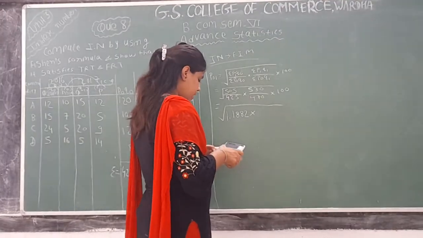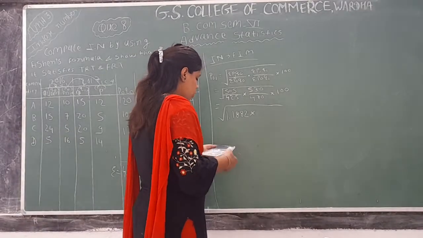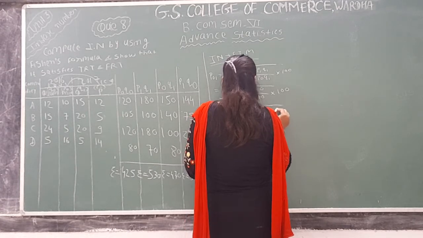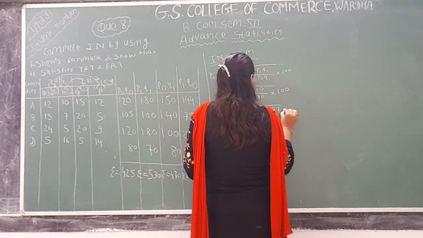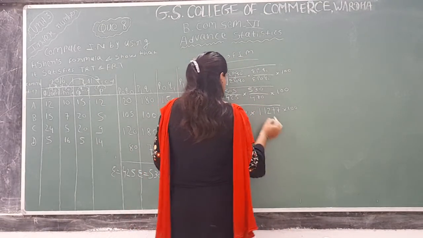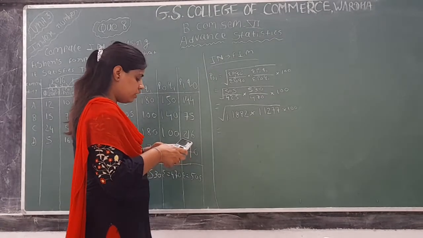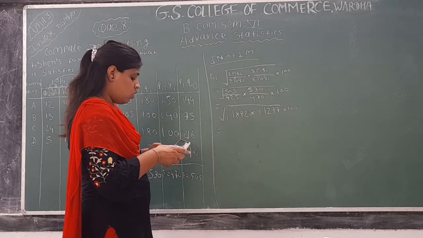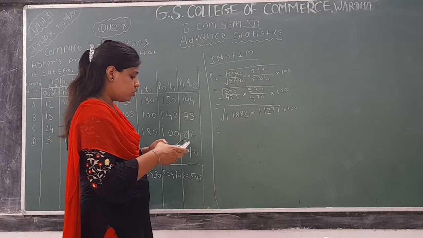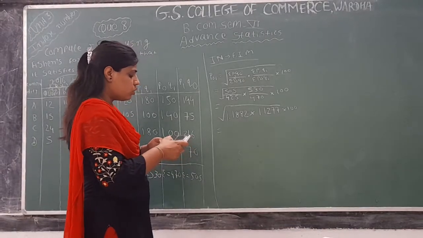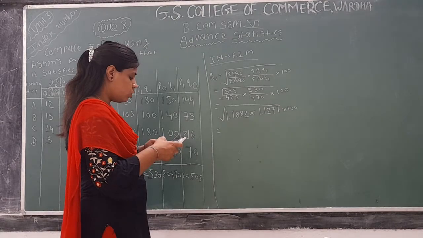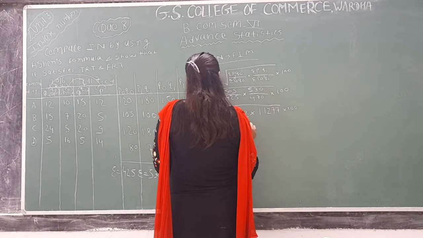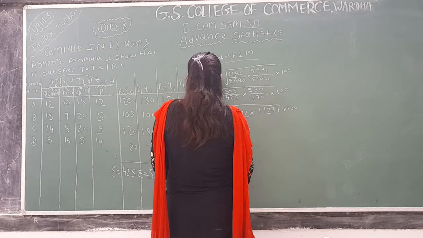530 divided by 470 comes to 1.1277. Then 1.1882 multiplied by 1.1277 comes to something, and when we find the square root of this, we get 1.1576.